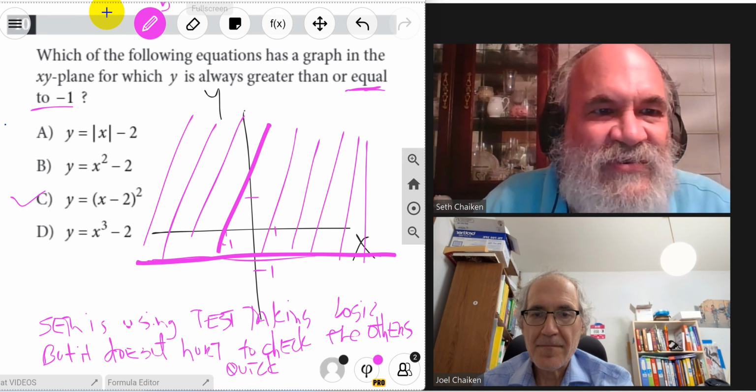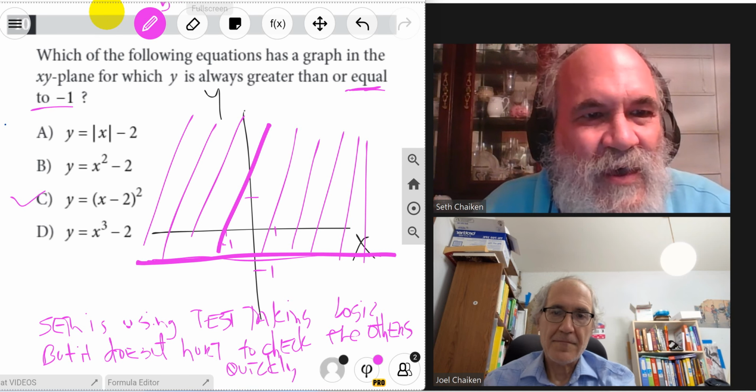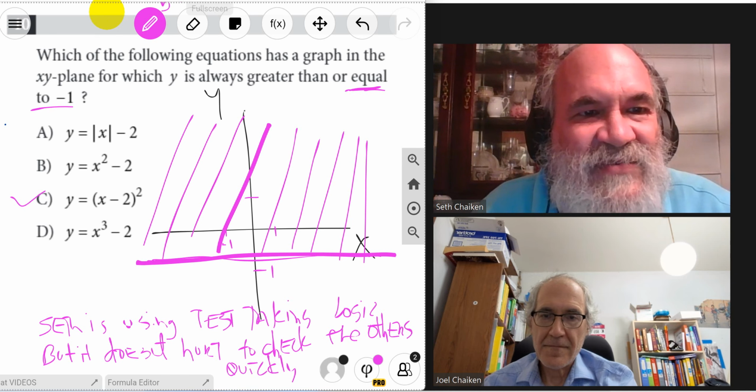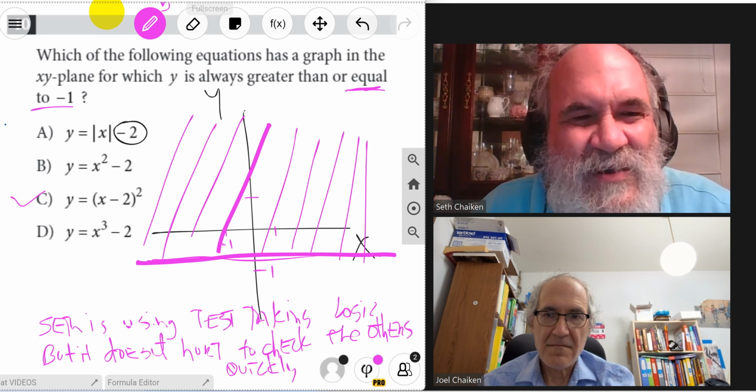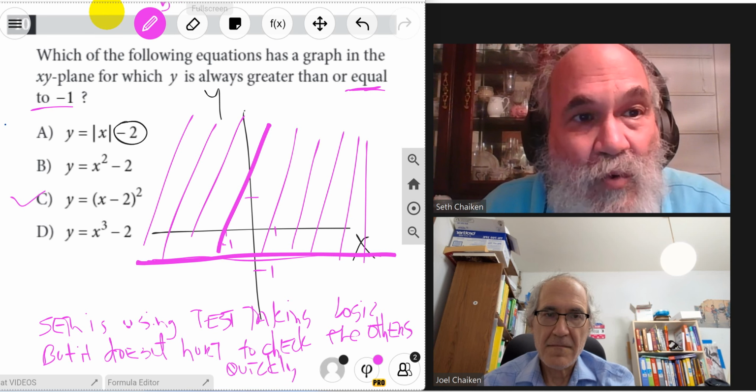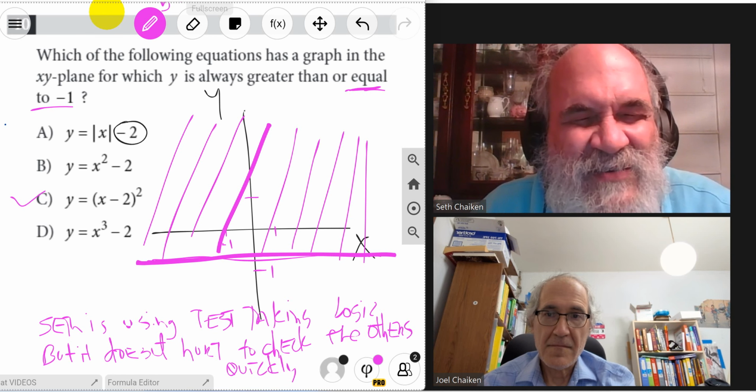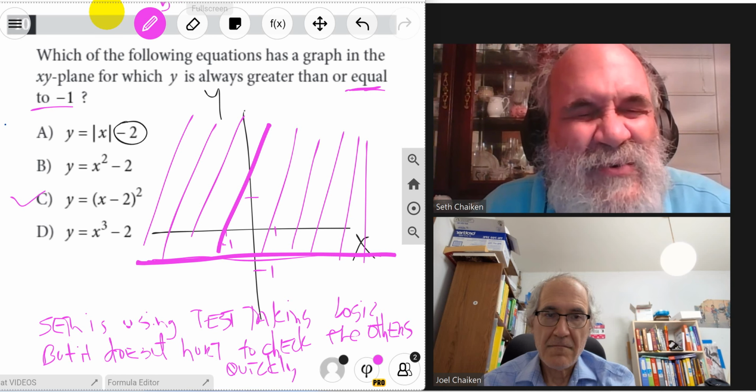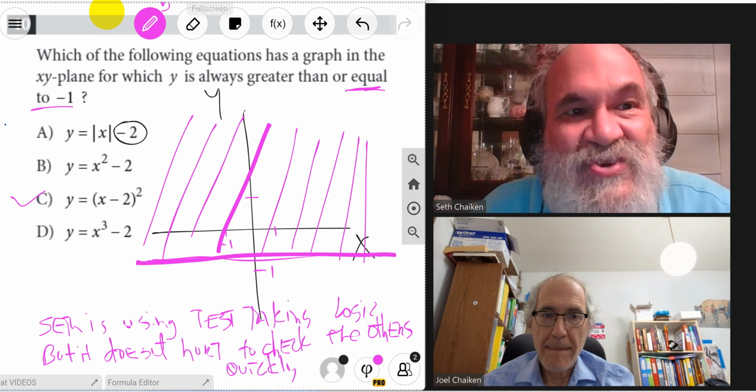Okay, so let's look at A. A has this -2 sitting there, and the absolute value of x. What you need to recognize is that when x is 0, the absolute value of x is 0, so y is minus 2, which is less than minus 1.